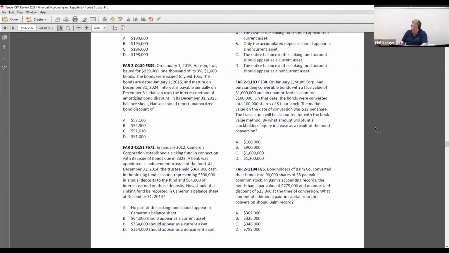Let me repeat that. I said that wrong. Debit bonds payable $1 million. Credit unamortized discount 100,000. Now we're converting it to the market value of the common stock.